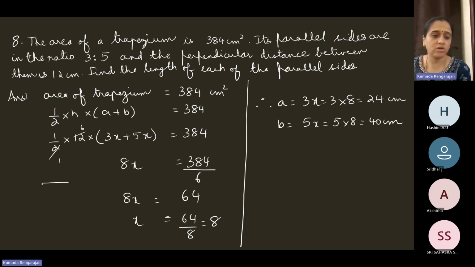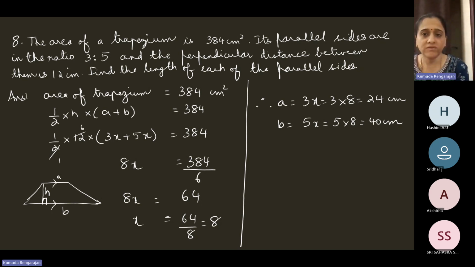We normally draw a trapezium like this. So these sides are called A and B, and h is the distance between the parallel sides. So the formula is half into h into a plus b.